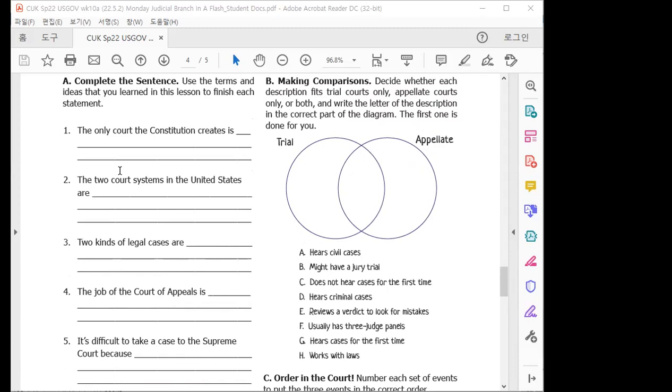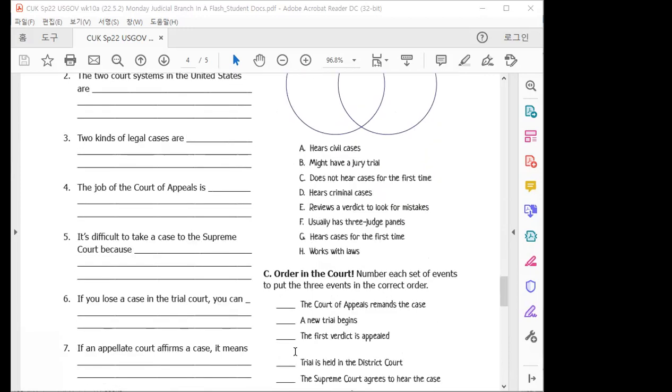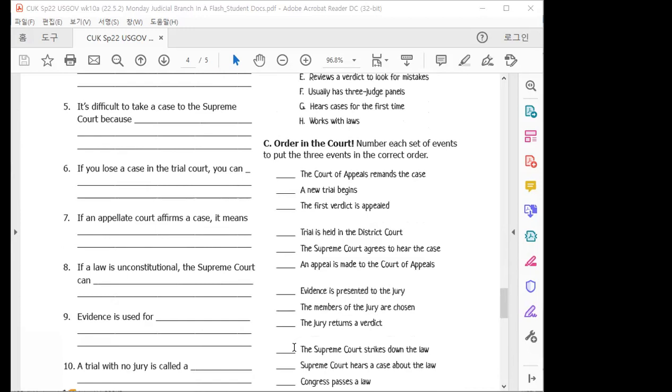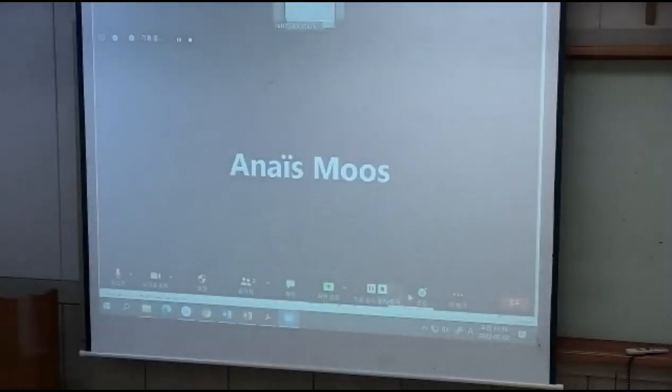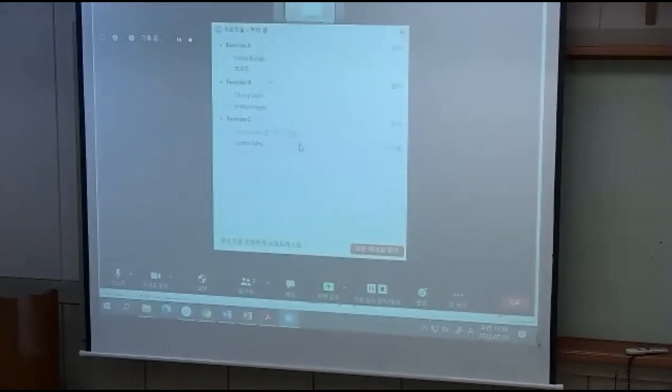So again, start please. So Anais, which group are you in? Okay, so who's your group member? Juliet? So can you communicate with Juliet to help Juliet answer the questions for exercise C? Hello, Juliet. Are you ready? Juliet? Oh, so I have to close out the rooms? So you can see Anais, are you in the room?